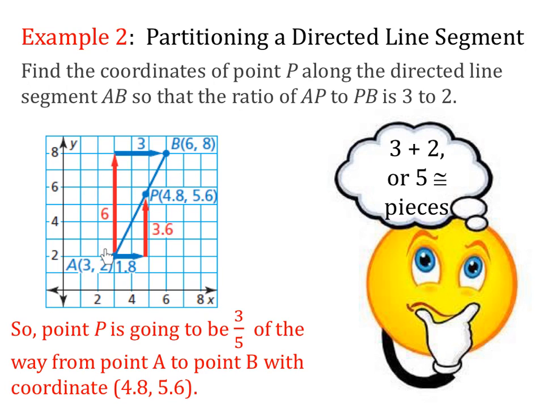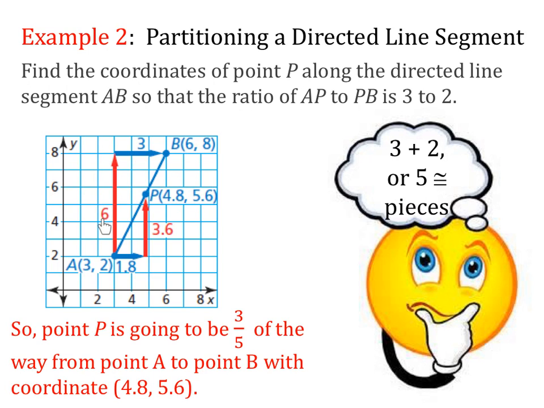Well, I figure out my rise and my run, so 6 and 3. Rise is 6, run is 3. And then don't simplify that fraction, keep it as is, so 6 and 3. And we want to multiply this 3/5 times each of these values. And you can convert your 3/5 to decimal if it makes it easier.